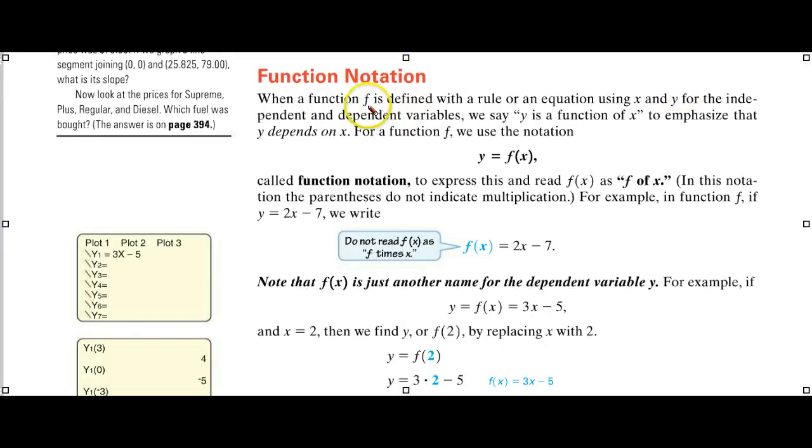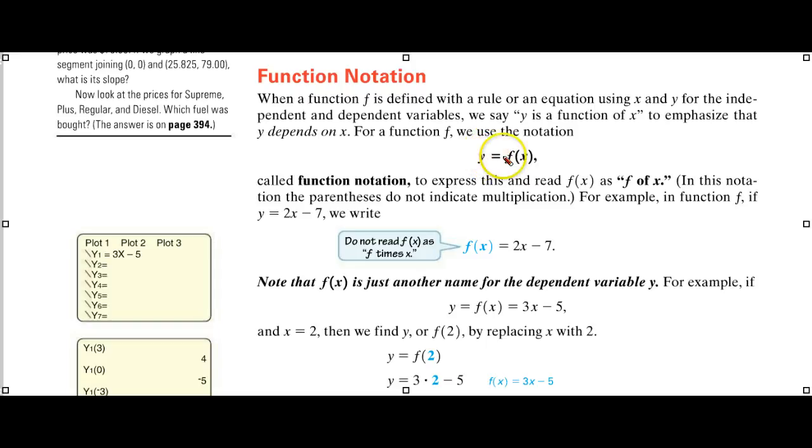When a function f is defined with a rule or an equation using x and y for the independent and dependent variables, we say that y is a function of x, to emphasize that y, which is the dependent element, is dependent on the x element, which is the independent element. And we could say y equals a function of x.